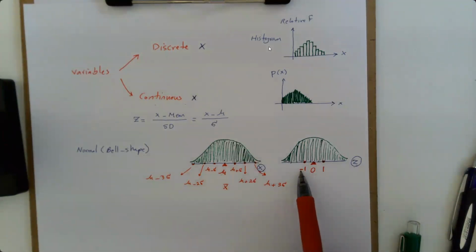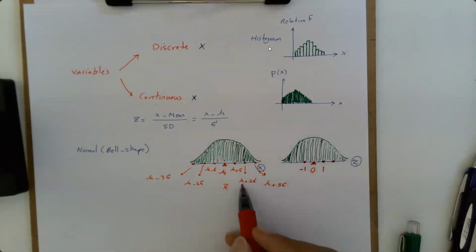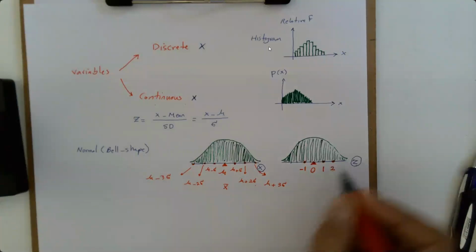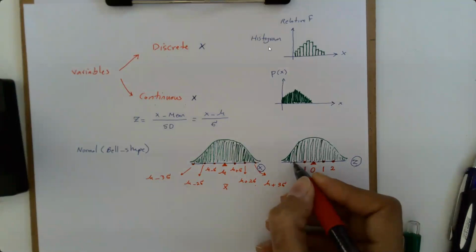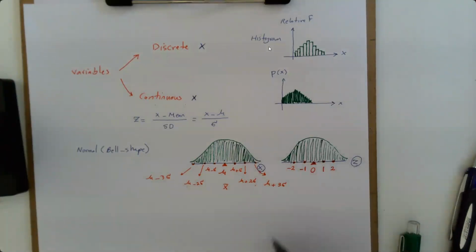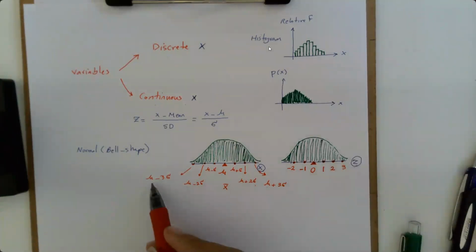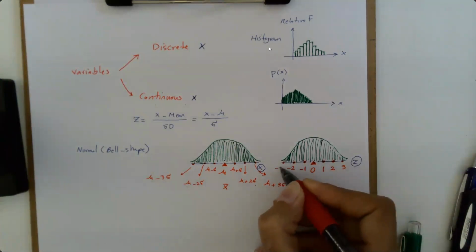Well, what about the next number? Mu plus 2 standard deviation is 2. Mu minus 2 standard deviation is -2. Okay, what about mu plus 3 standard deviations? It's going to be 3, and mu minus 3 standard deviations is going to be -3.